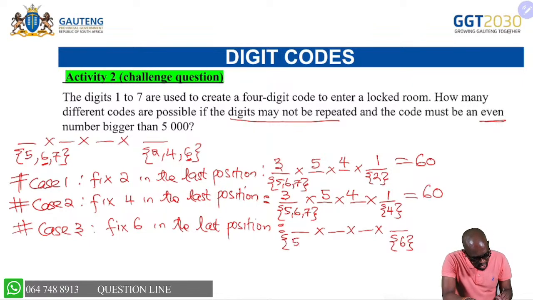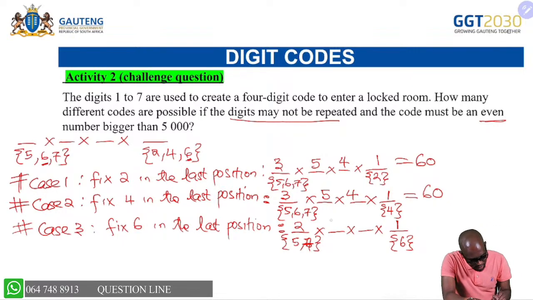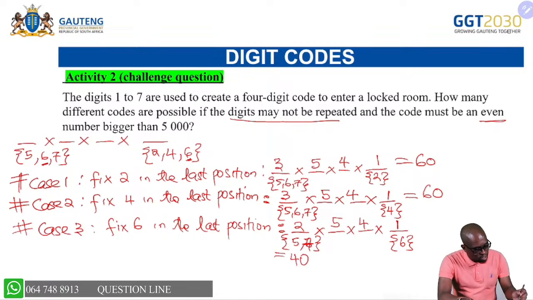So I can either use a 5 or a 7. I can no longer use a 6. So I have one option of filling the last position, and two options of filling the leading position, because I cannot use a 6 twice, right? And then I've used two numbers, so I'll be left with 5 numbers to use, so I would have 5 and 4 here. So this is 2 times 5 times 4 times 1. That would give you a total of 40 codes.